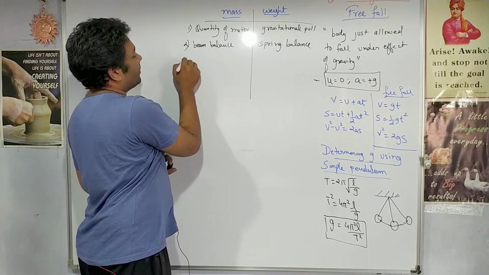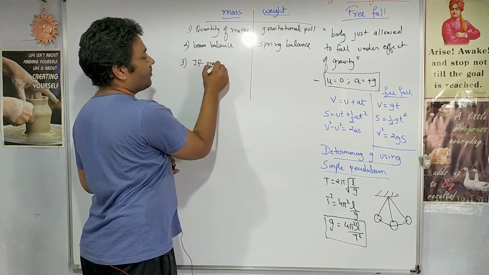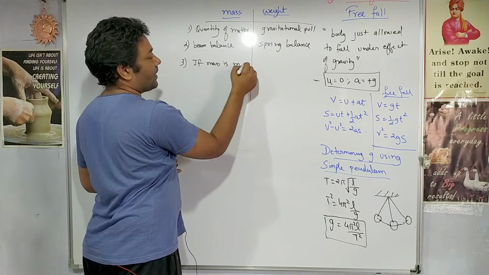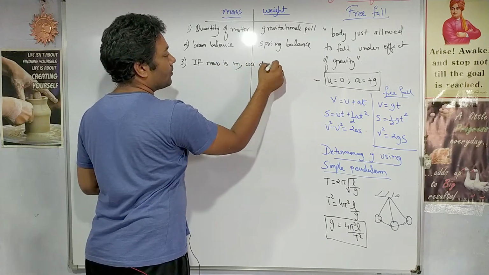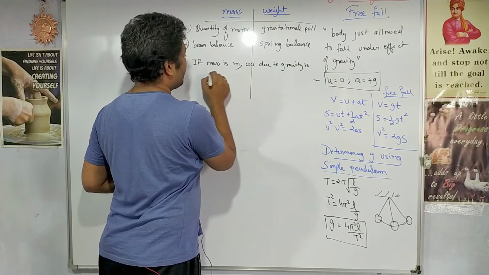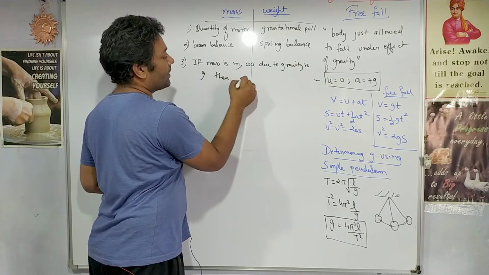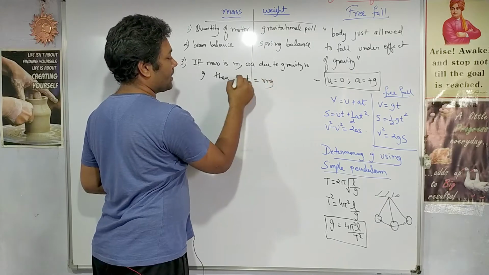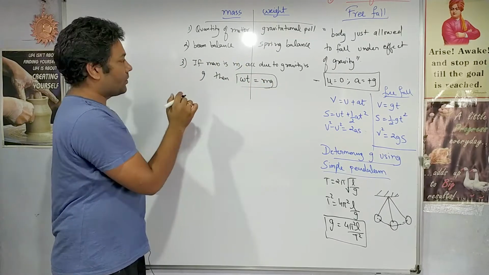If mass is m and acceleration due to gravity is g, then you can calculate weight as mg using this formula. This point is common for both the sides.